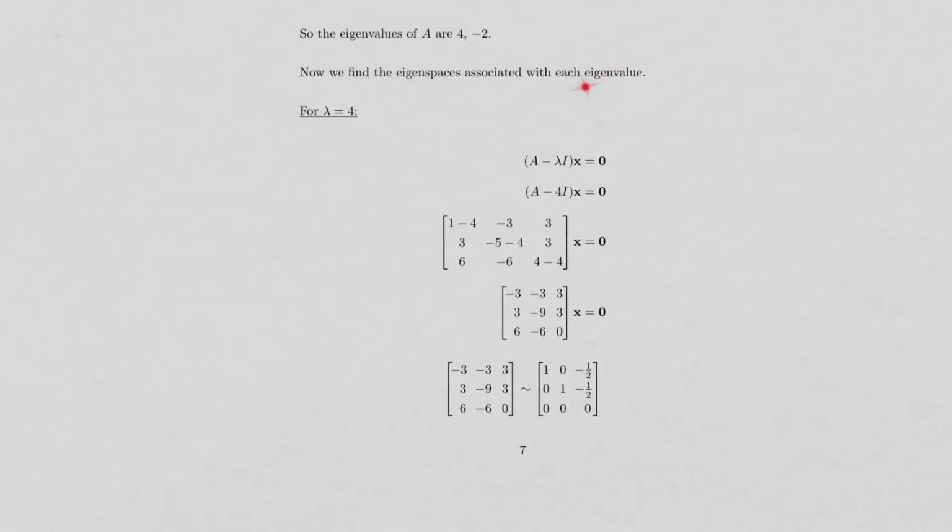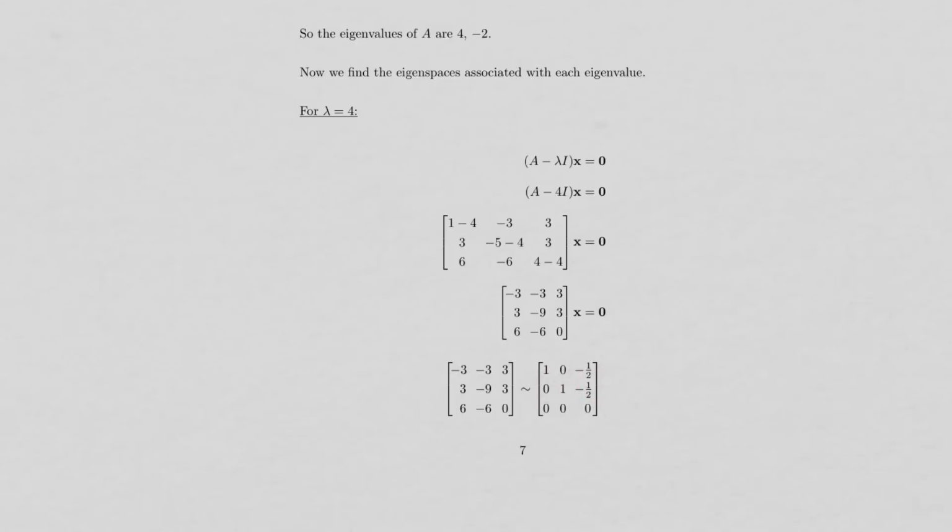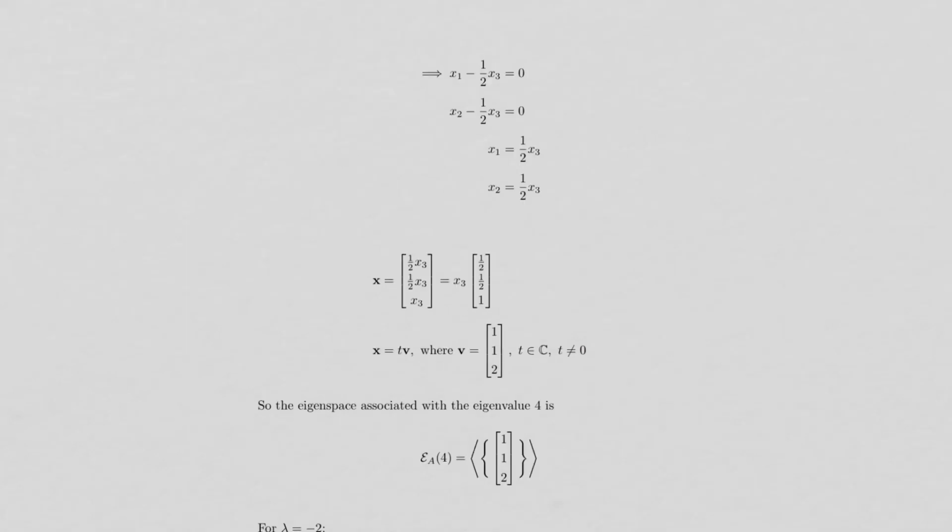Then we find the eigenspaces associated with each eigenvalue. I'll start with 4 first. I'm going to solve the equation A minus lambda I times x equals 0. I replace lambda with 4, form the matrix, simplify it, row reduce it, and then write down the corresponding equations. Notice I've got 2 non-zero rows here, so each row will give me an equation, here and here.